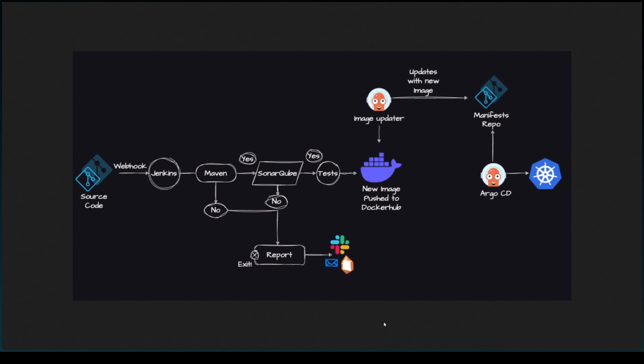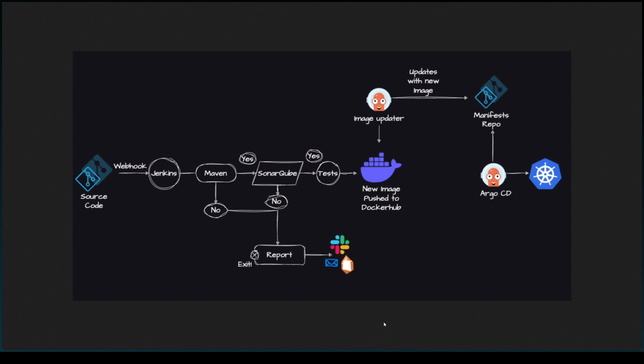In the test phase we can enable different types of tests which we need to test our applications, and automation testing and all that. After this test procedure, we can forward it to the next phase, which is pushing the new image that we have built previously into the DockerHub.